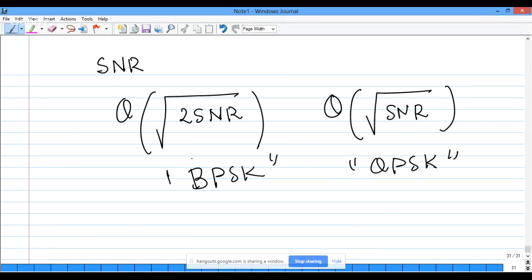But this comparison is a little bit at fault because we are not taking into account that per signal waveform in QPSK, we are encoding 2 bits, right? And thus we should compare the digital modulation schemes based on the Eb/N0 requirement and not on the SNR requirement, because SNR does not capture the spectral efficiency of various modulation schemes.